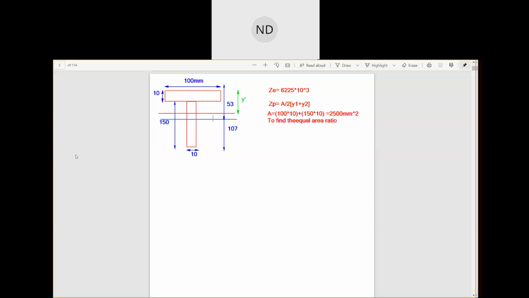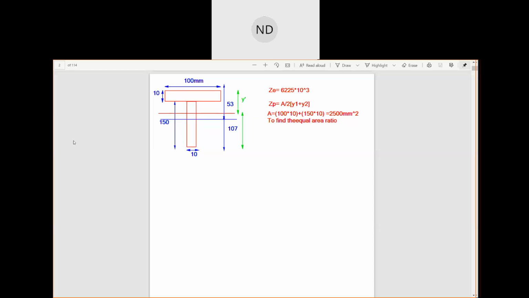Now I'll show you here. This bottom portion will be how much? We know this is our equal area axis, this red one, and we know the distance from the top, y dash. So what will be the bottom portion below the equal area axis? This is 150, plus this 10, total 160.